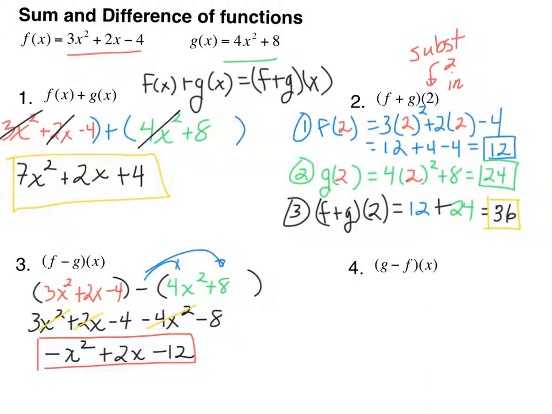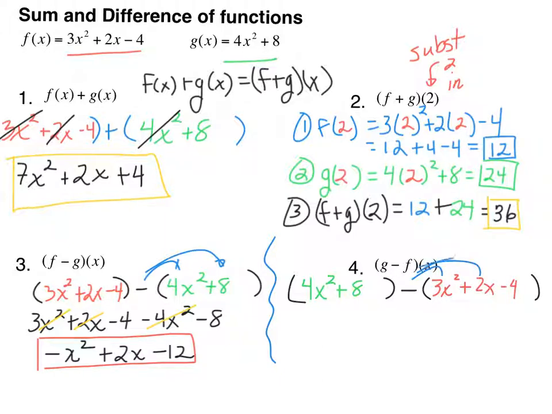All right, so I am going to use substitution parentheses. So big parentheses minus big parentheses. I'm going to take the g function first, which is 4x squared plus the 8, and I'm going to put in the f function next, which is 3x squared plus the 2x minus the 4. So remember that we have to distribute this negative all the way to all those terms.